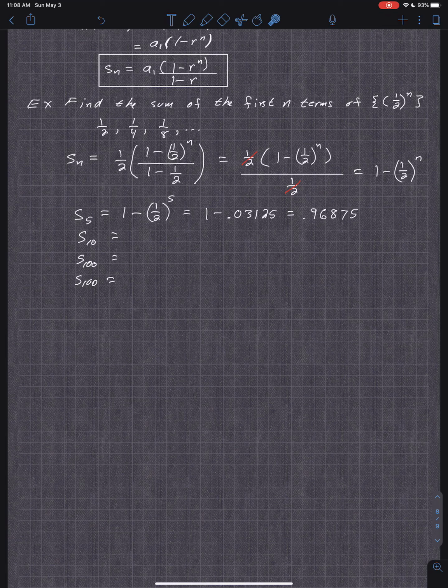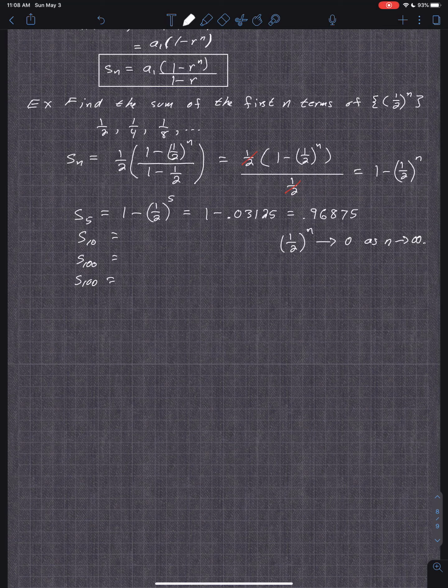You could do that in your calculator, just keep multiplying, and you'll end up getting basically 0. So in other words, 1/2 to the n approaches 0 as n approaches infinity.